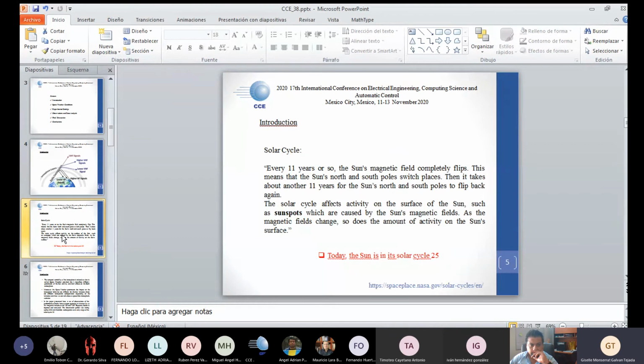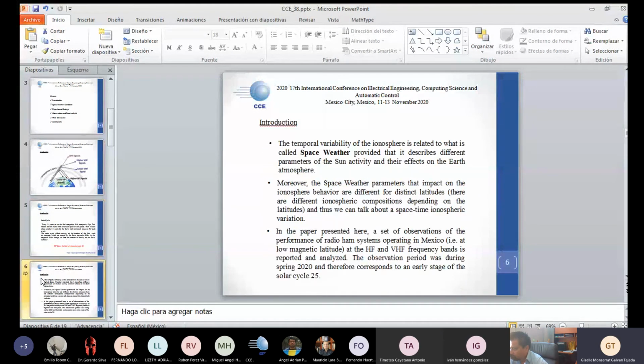Then I define the solar cycle as NASA defined it: a variation every 11 years or so, with peculiar behaviors of the sun's activity.